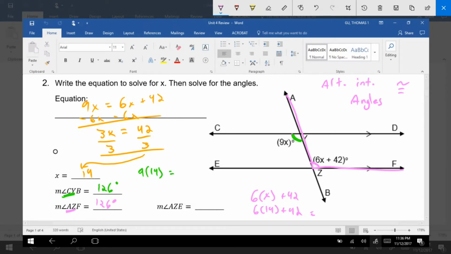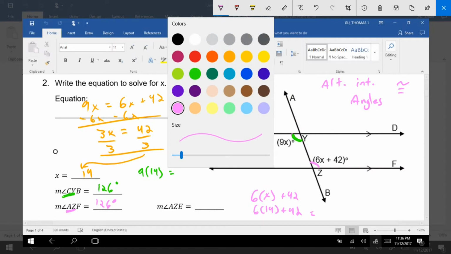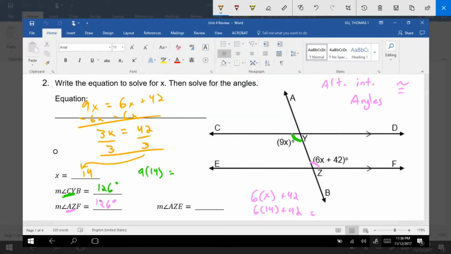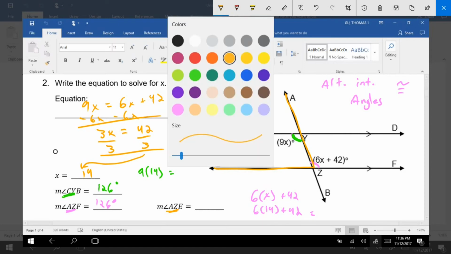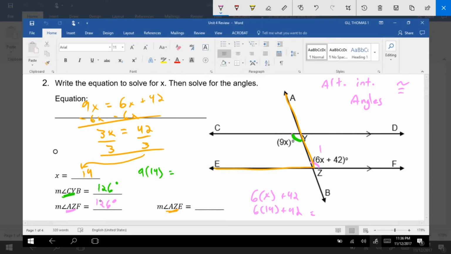Now, last but not least, we're going to find measure of angle AZE. So where is AZE? I'm going to denote that with the orange color. So A to Z to E this way. So if this angle, AZF right here, is 126, what relationship does AZF have with AZE?